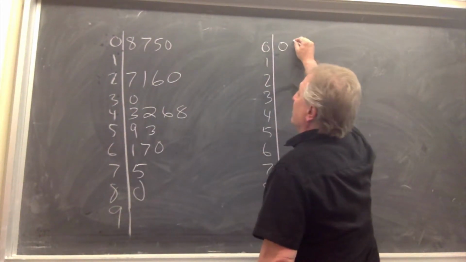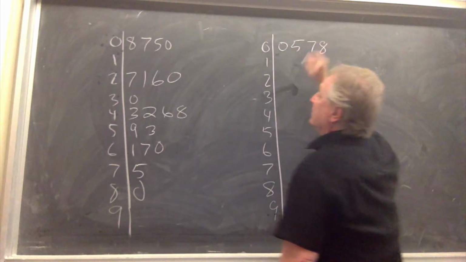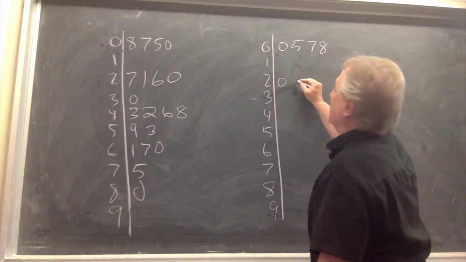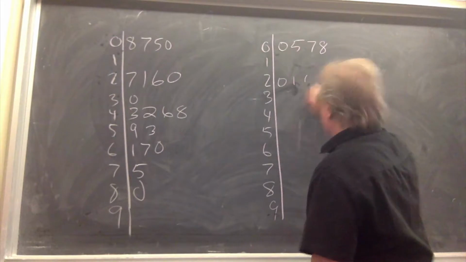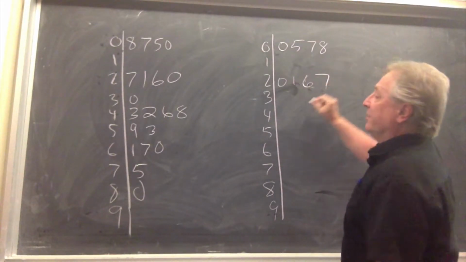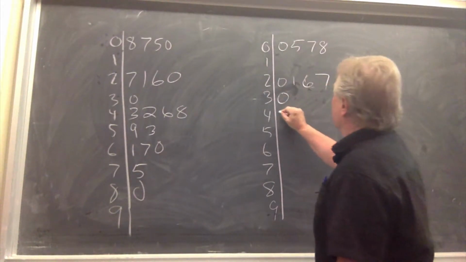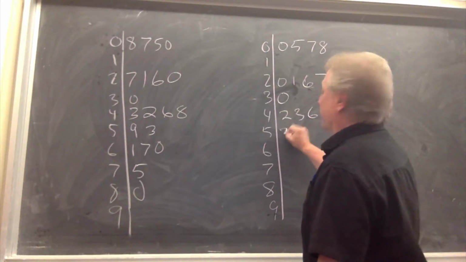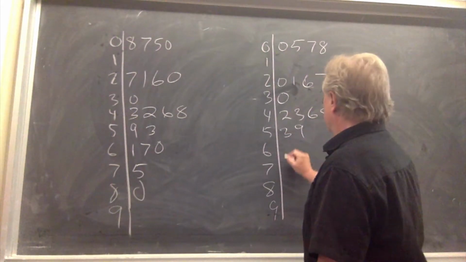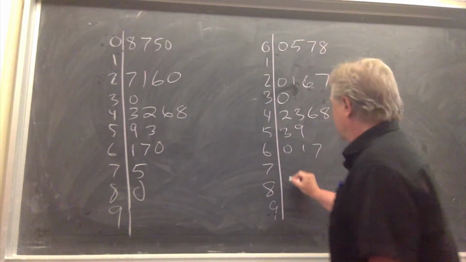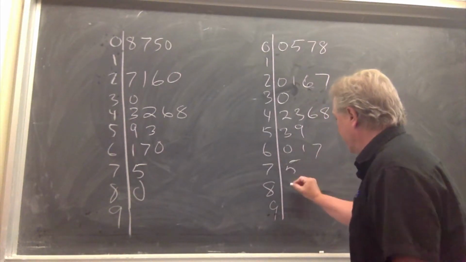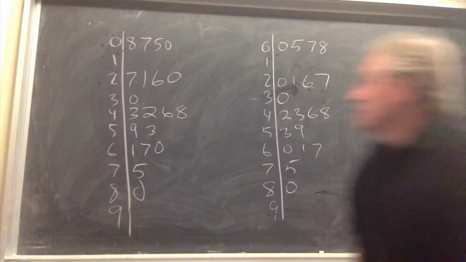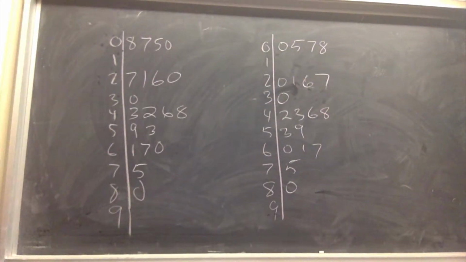So here's 0, 5, 7, 8, 0, 1, 6, 7, 0, 2, 3, 6, 8, 3, 9, 0, 1, 7, 5, and 0. So now I've got the data completely sorted.